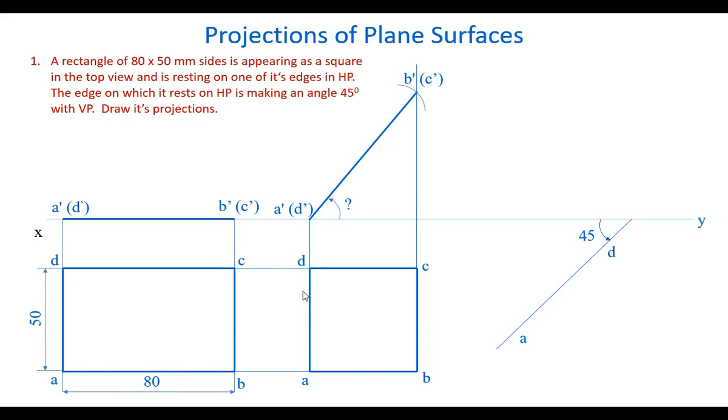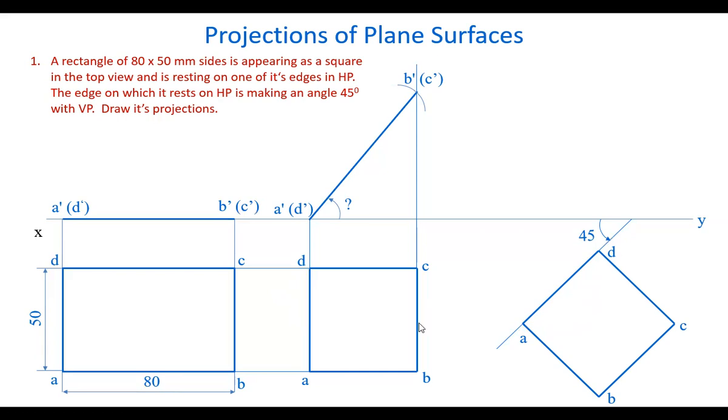The AD edge is marked here, and with these 2 points as reference points, we mark the other 2 points, BC. Now, join all the points by straight lines. We have just reproduced the same top view here in a different position, such that this AD edge is making the required angle. So the top view is redrawn.